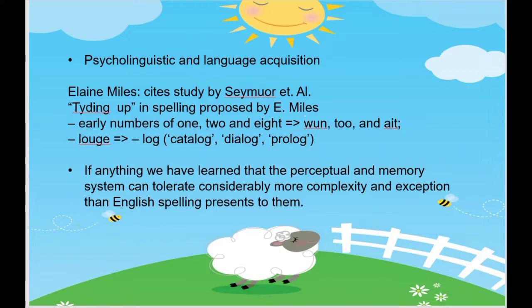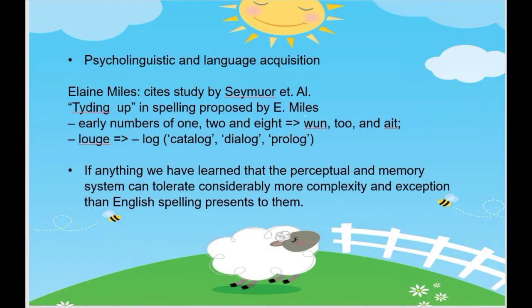The early numbers 1, 2, and 8 were respelled: for 1, instead of O it is changed to W; for 2, instead of W it is changed to letter O; and 8, instead of eight, was previously spelled in a kind of jargon way.